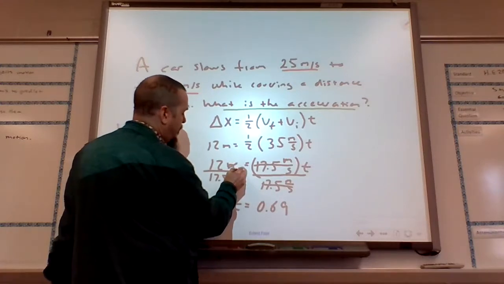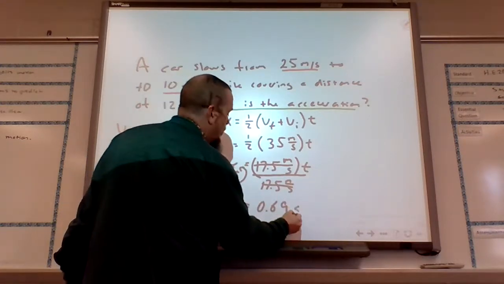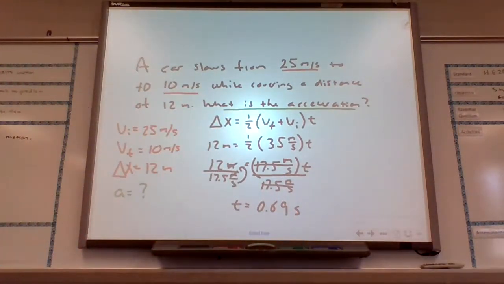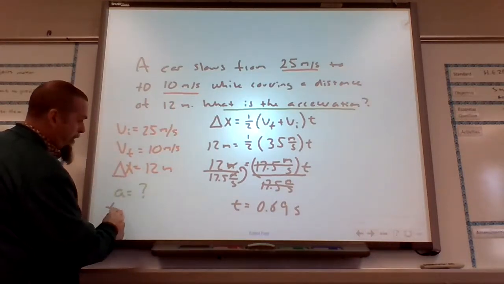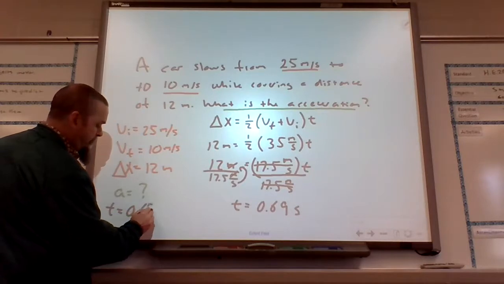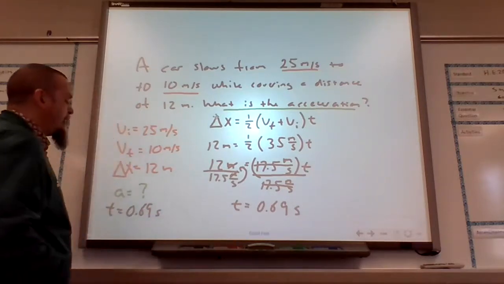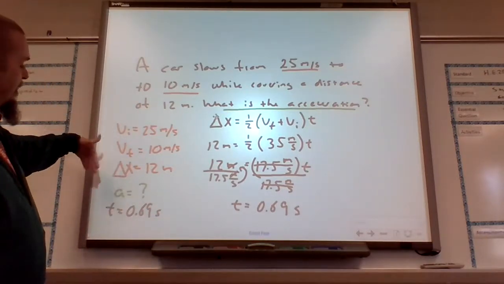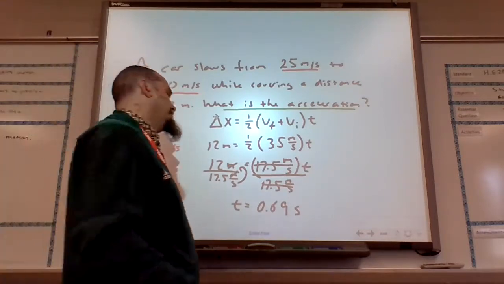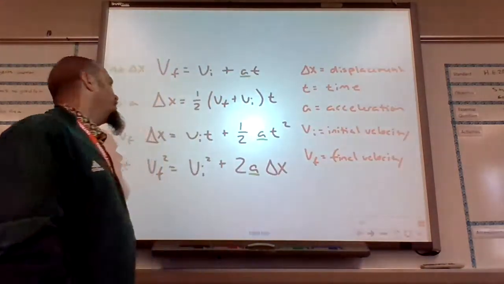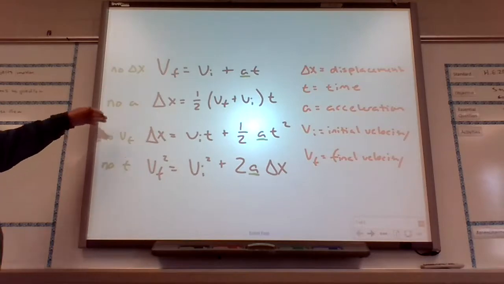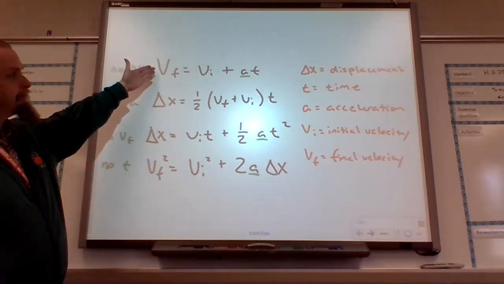The meters cancel. The second moves up, so my unit is seconds. And I can add that now to the list of things I know. And now I have VI, VF, delta x, and T, which means now I'm free to use this equation to find A.